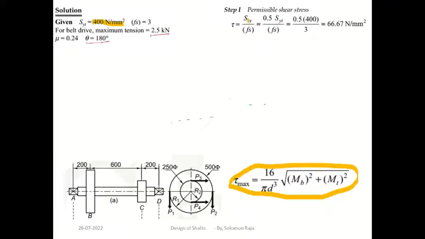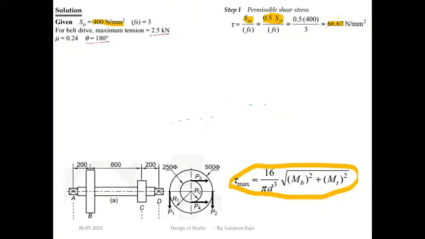For that we should know the maximum shear stress, but we don't know it. So the maximum shear stress value will be half of the tensile stress value. So 0.5 into 400 divided by the factor of safety. We got the tau max value as 66.67. The maximum permissible shear stress is 66.67 Newton per mm square.